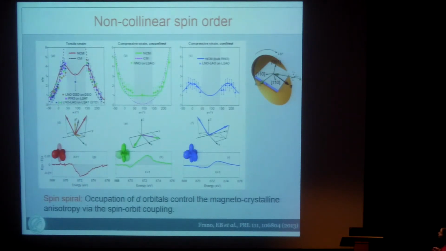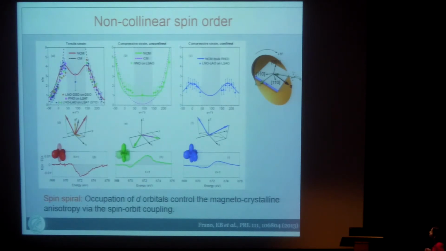We started taking the azimuthal dependence of the scattered intensity. We found differences as a function of strain, essentially of orbital occupation. For tensile strained samples, we found that the moments of the spin spiral point more out of plane, while for compressive strain they are in the plane of the sample.